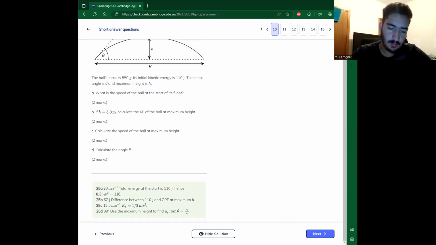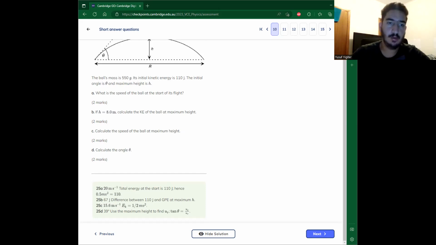So 67 times 2, divide that by 0.55, square root that, and I got 15.6. Okay. 15.6 meters per second.